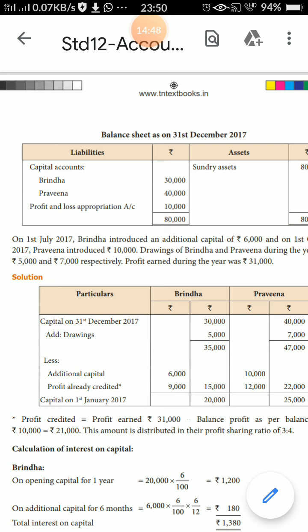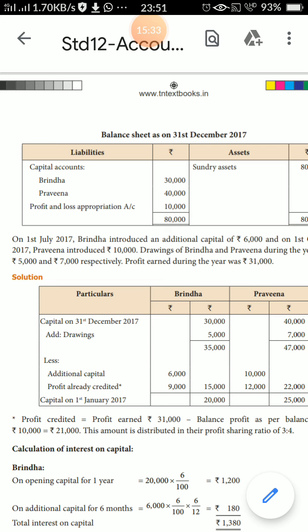The same calculation for Praveen, 21,000 into 4 by 7, gives 12,000. Brinda's ratio is 3 and Praveen's is 4, and they share profit and loss in this ratio. The first sum shared equally, but this sum calculates profit and loss in the 3:4 ratio.